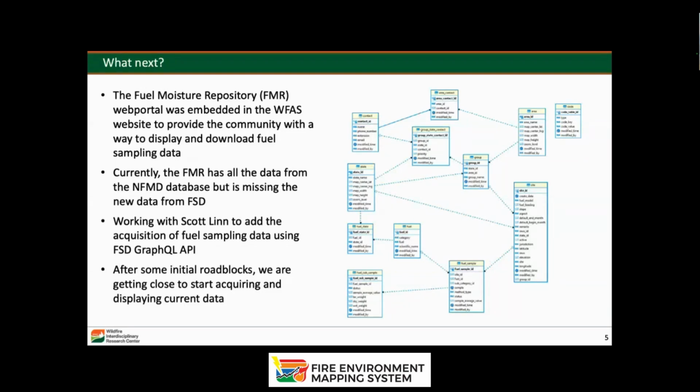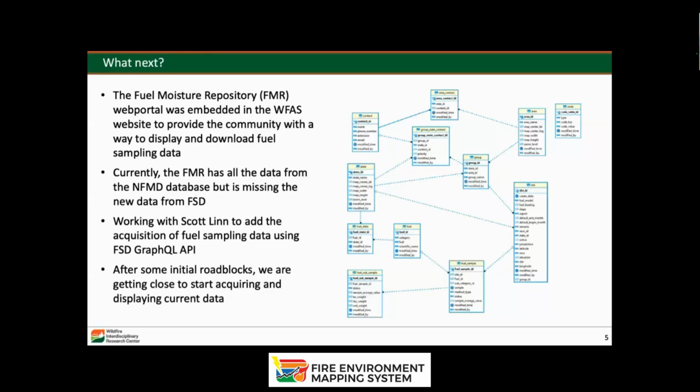Currently the FMR only has data from the National Fuel Moisture Database, which was turned down sometime last March. So it's not updating from the new FSD, but we are working on that link.